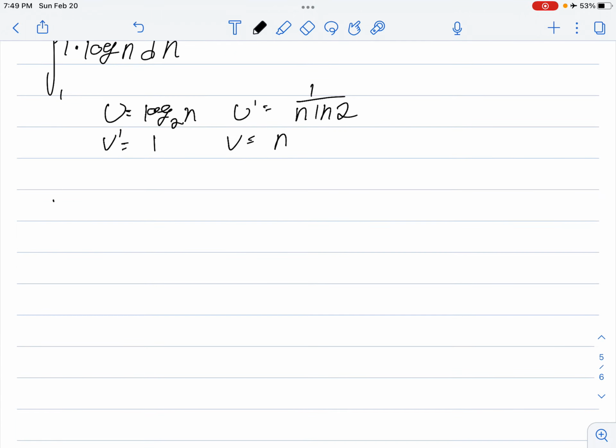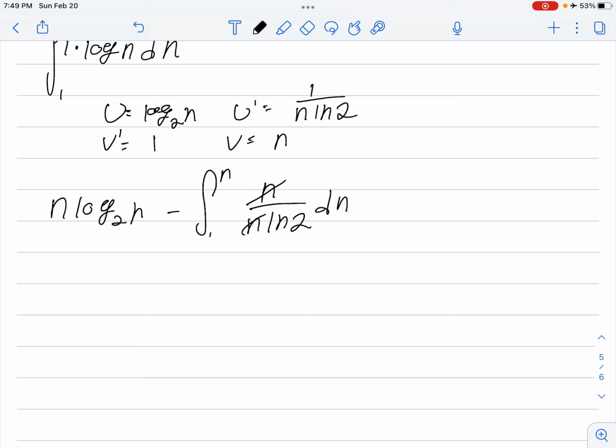Yeah, so we get n log base 2 of n minus the integral from 1 to n. And then this simplifies nicely, right? We have n ln of 2 dn, right? These n's cancel out. They're just variables. So then maybe rewrite this one more time before we solve it. The integral from 1 to n of, well, really ln of 2 dn.